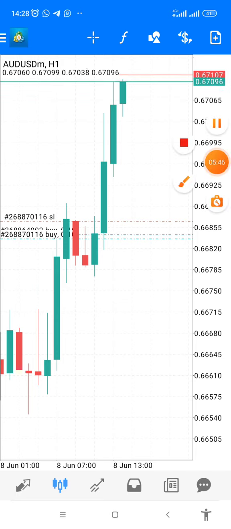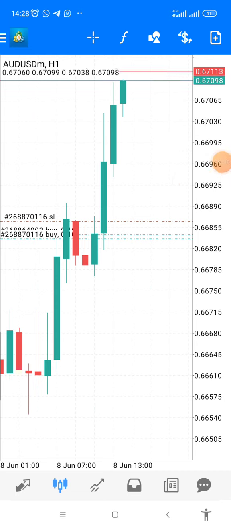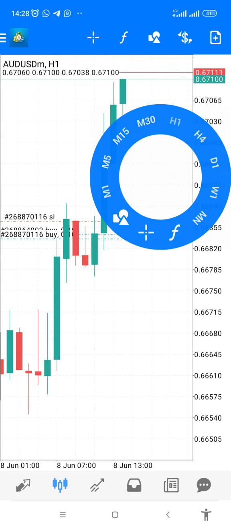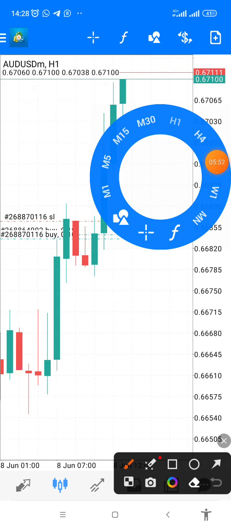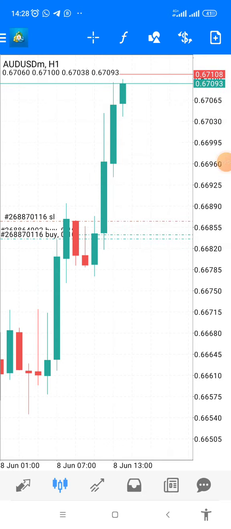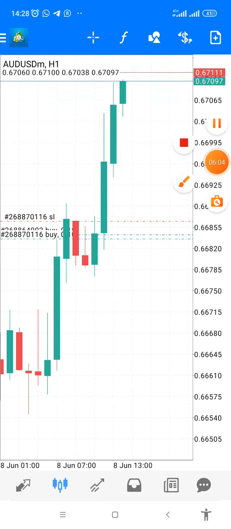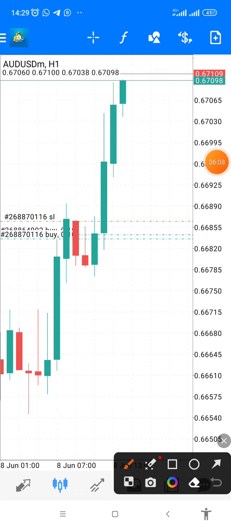So if it is a buy, you move your stop loss up above the entry. If it is a sell trade, you move the stop loss below your entry. I repeat, if it is a buy trade, you move your stop loss above the entry like I have done here.